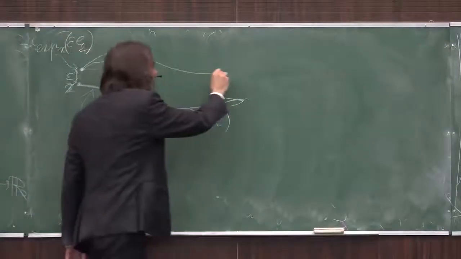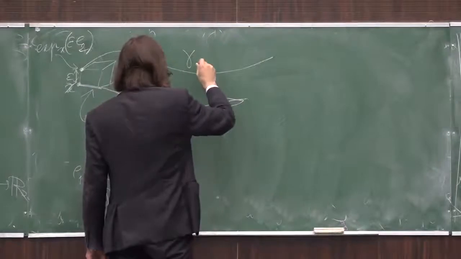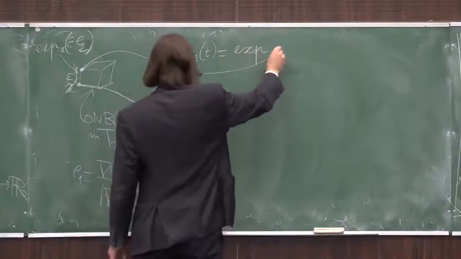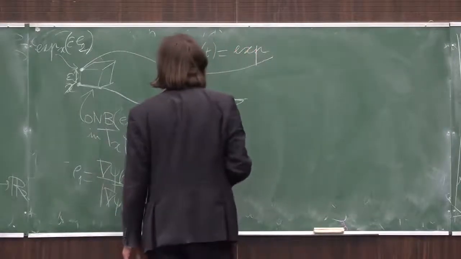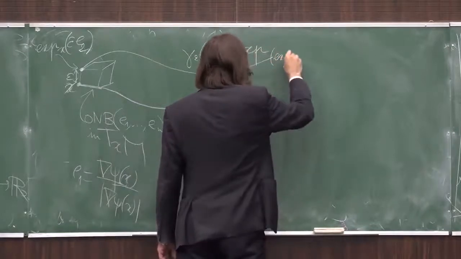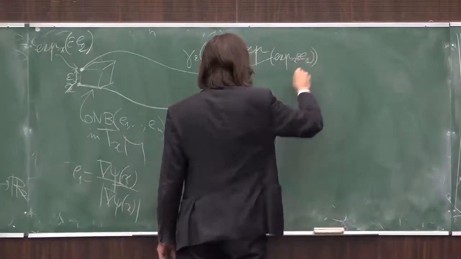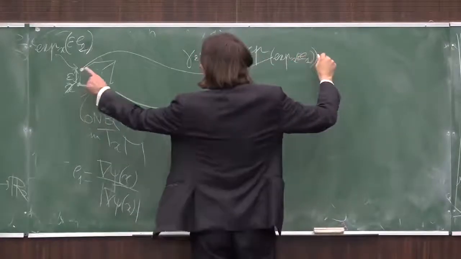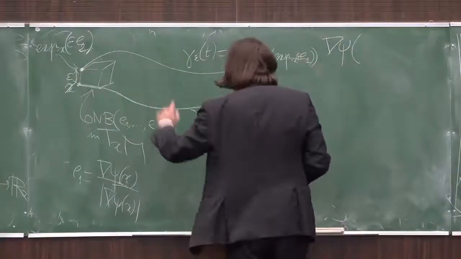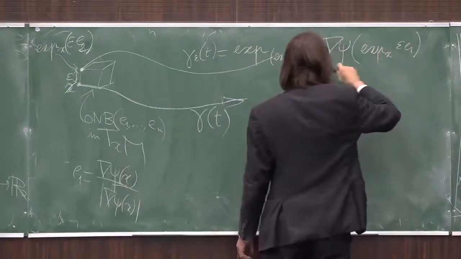And then there will be a geodesic coming from here, which will be gamma 2 of t, the exponential starting from exponential x of epsilon E1, and this will be something like grad psi applied to exponential x of epsilon E1. And I put here a t.